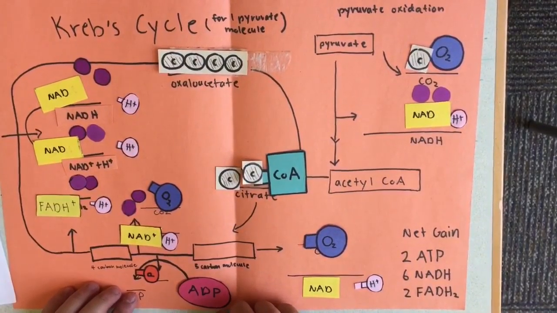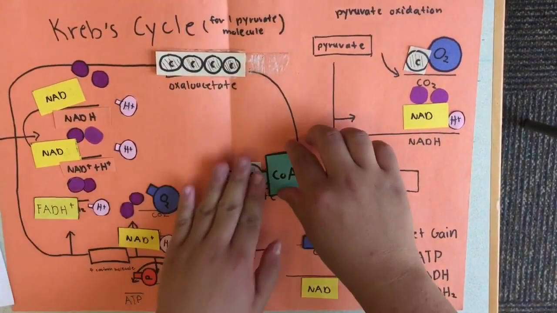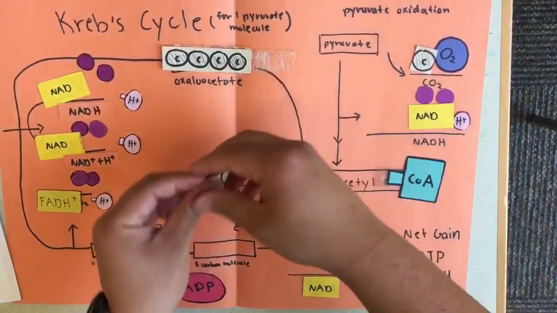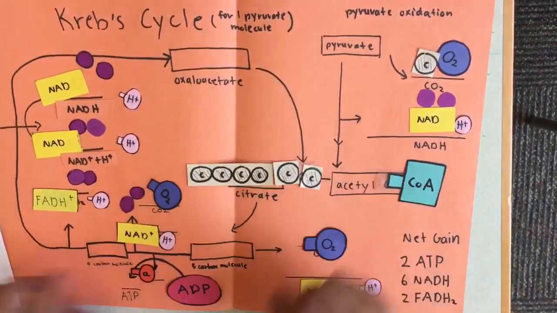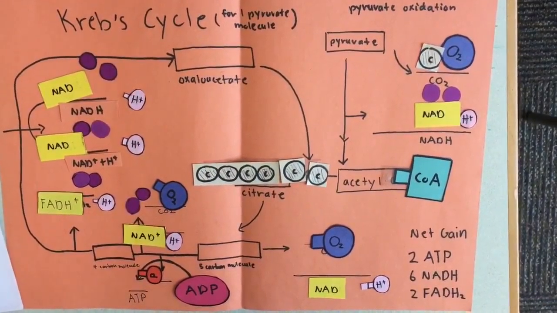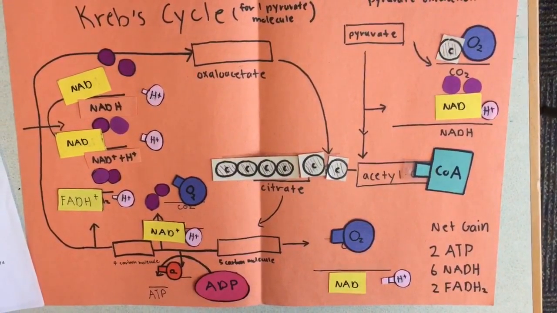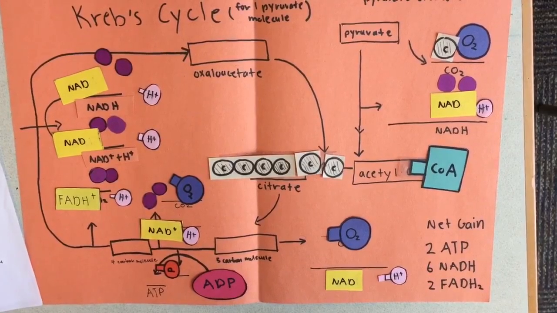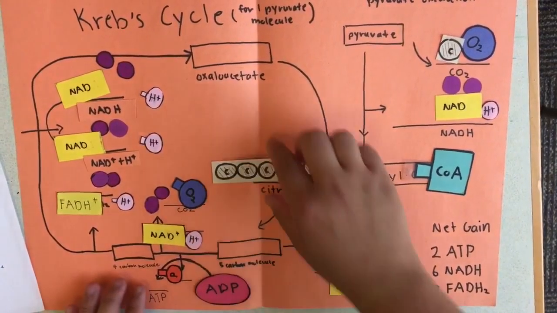Acetyl coenzyme A is attached to a 4-carbon molecule, oxaloacetate, thus making citrate. Citrate then goes through oxidative reactions where carbon is removed, making carbon dioxide, and electrons are transferred to NAD+, which gets reduced and becomes NADH.